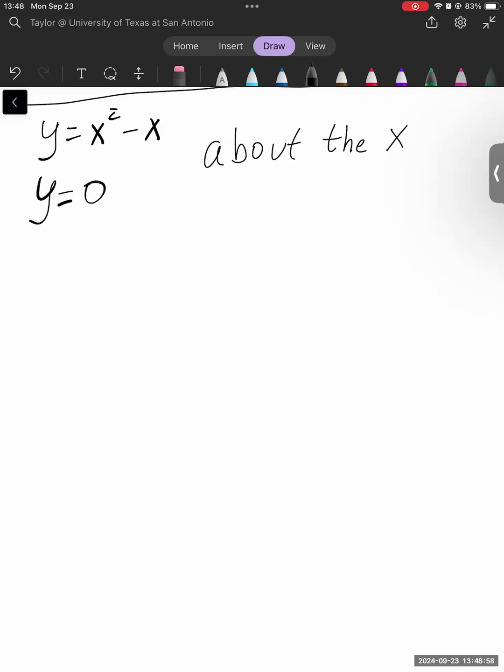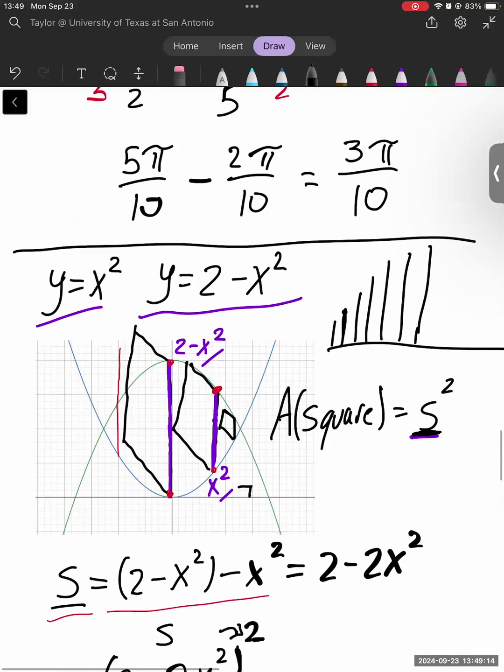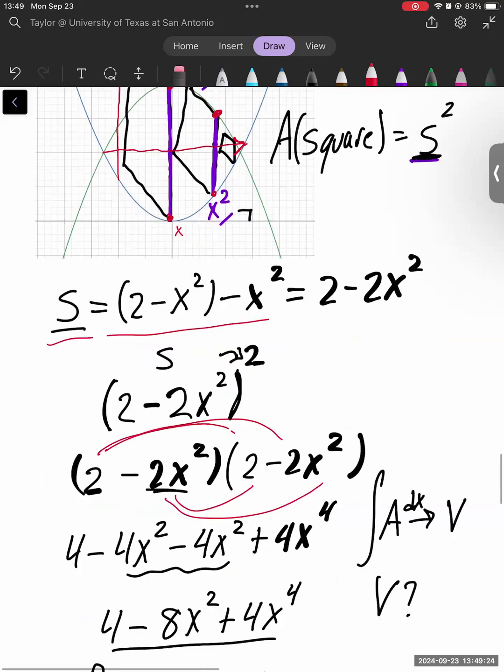They will tell you what axis you're integrating with respect to, or like in the case of the squares, our squares were perpendicular to the x-axis, so we'll be integrating with respect to x. Our squares are moving across the x-axis, so we're integrating in this direction, which is x. Okay, that makes sense.